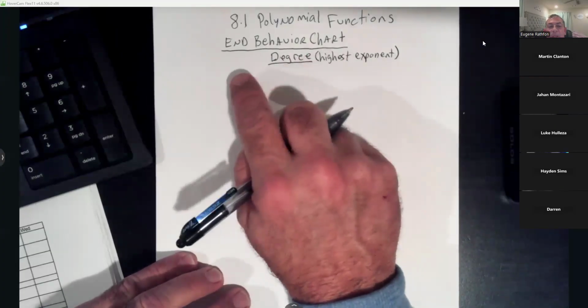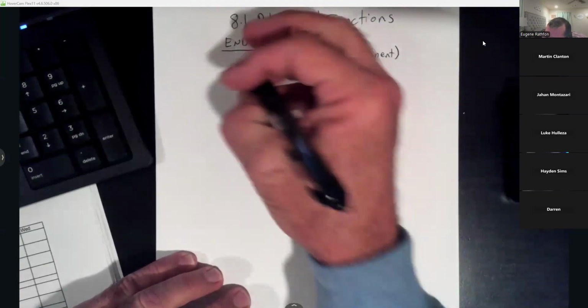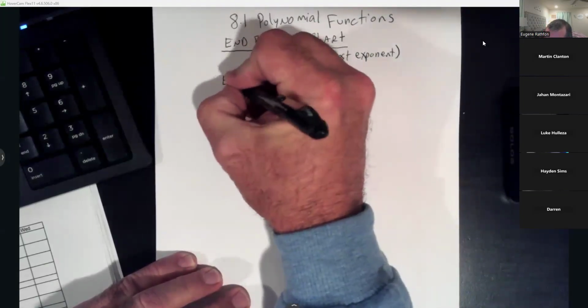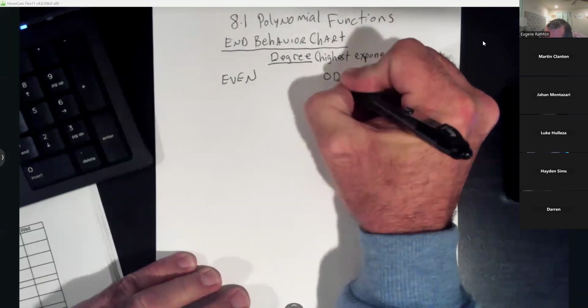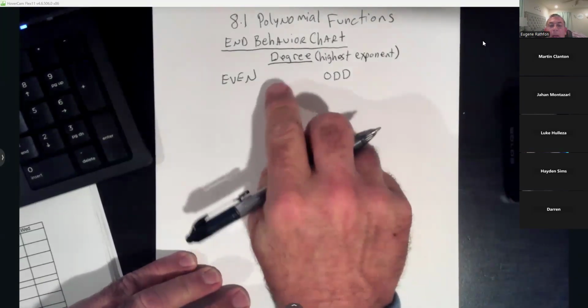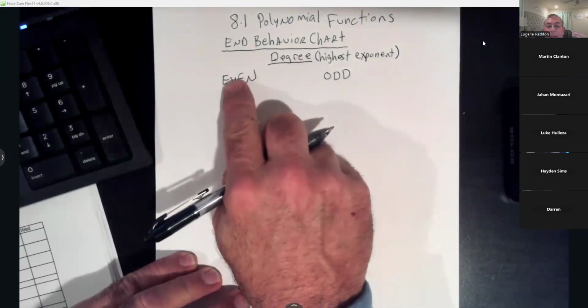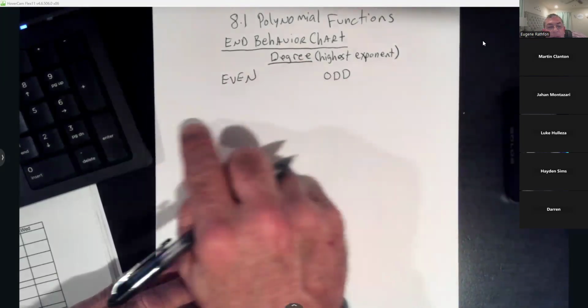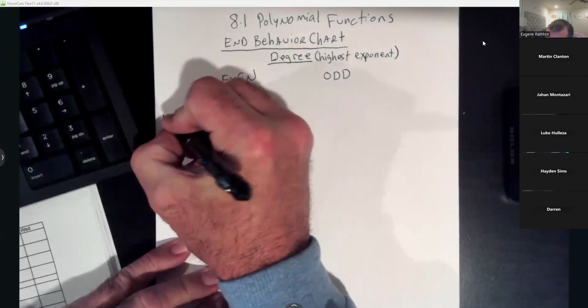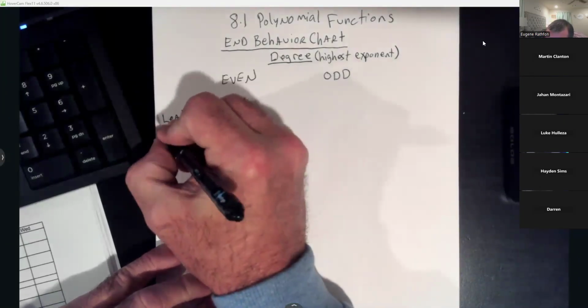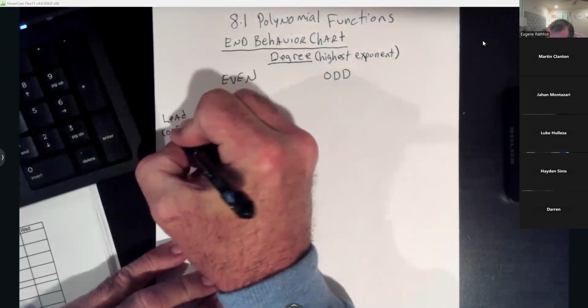That exponent is either going to be even or odd. All right, so the degree is going to be even or odd. Then I look at the sign of the lead coefficient.